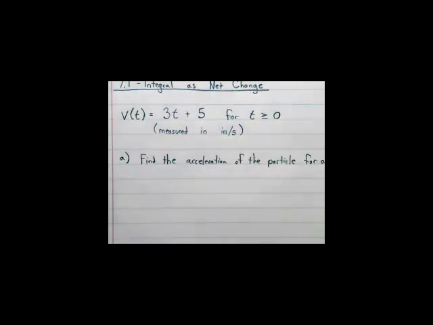All right, so let's start with this. Find the acceleration of the particle for any time t. If the velocity was 3t plus 5, how do I get acceleration? Derivative, right? Position to velocity, velocity to acceleration, that's a derivative.